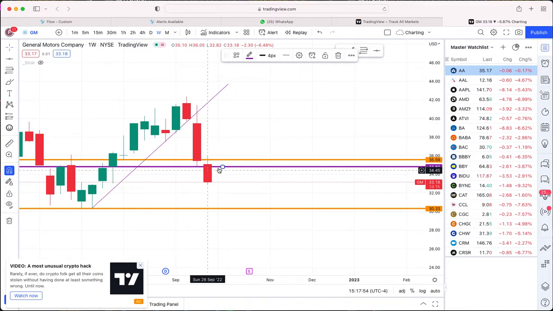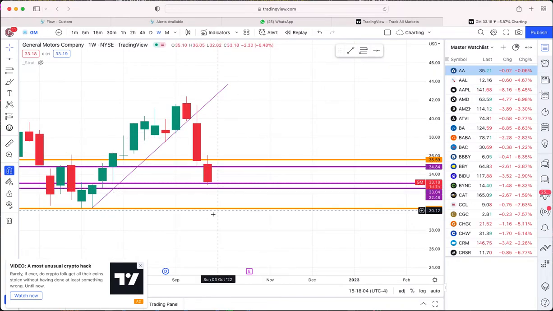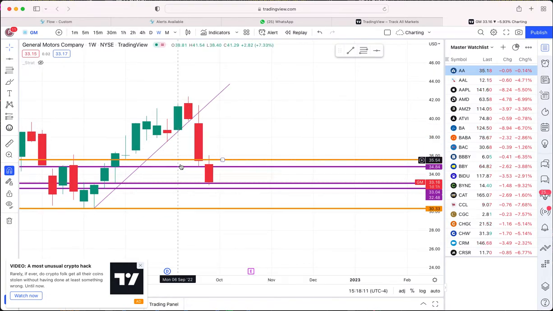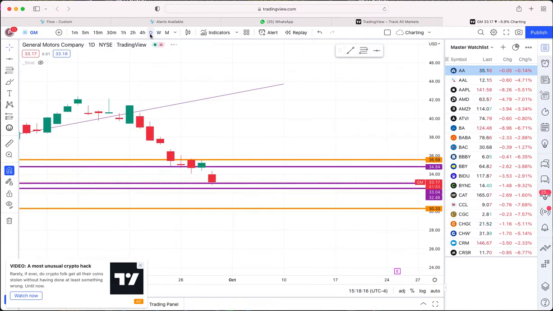So it is us entering on the low of last week. Our potential profit target is now going to be this low over here. And also if it flushes all the way down, it will now be the low of the month of July. So this is going to take us to the setup on the daily chart.